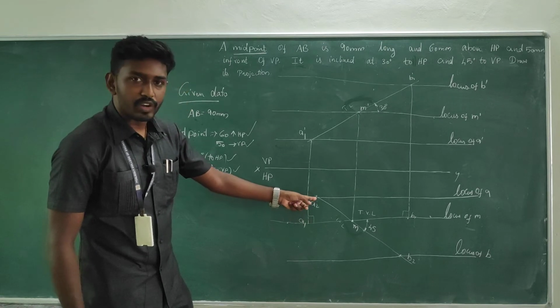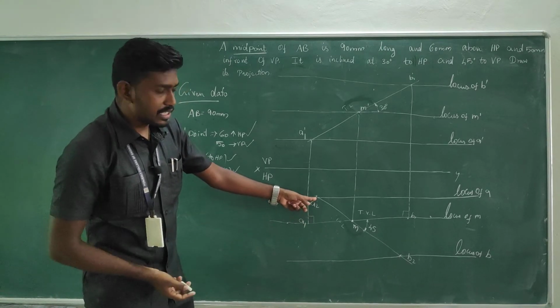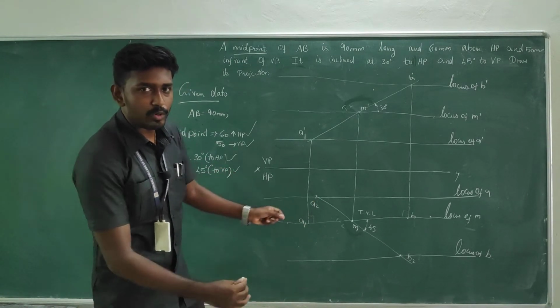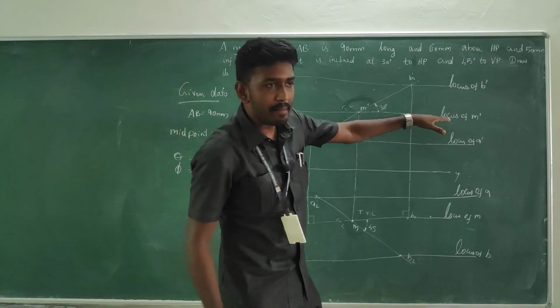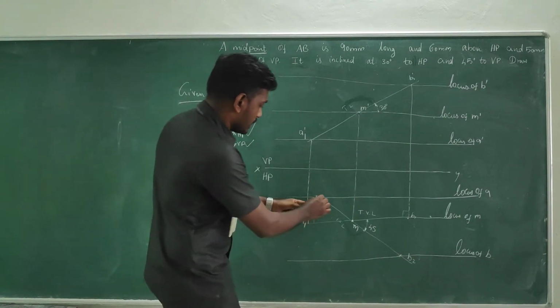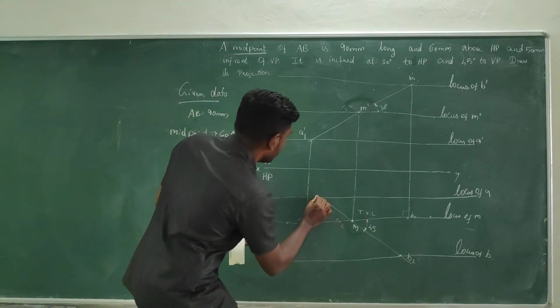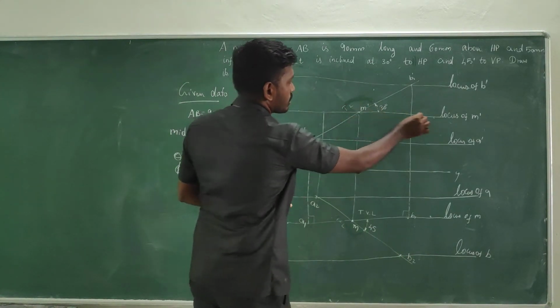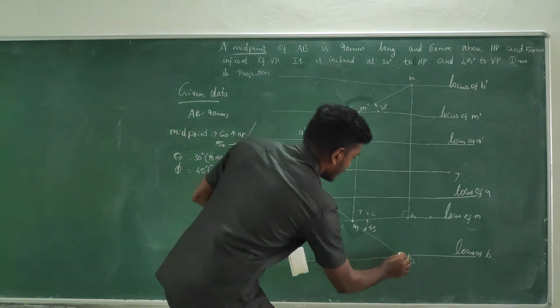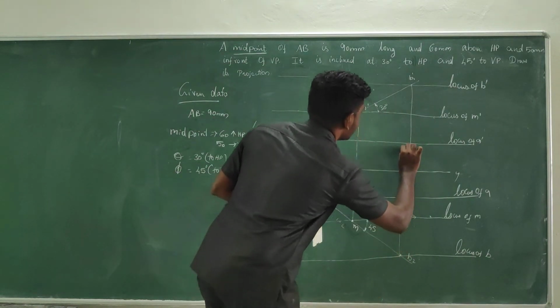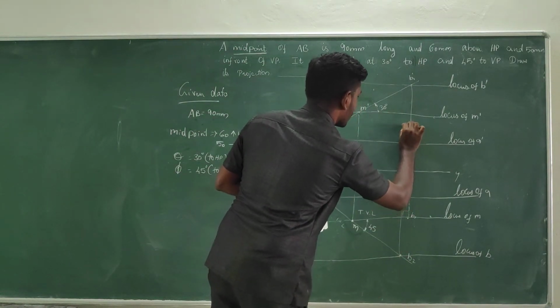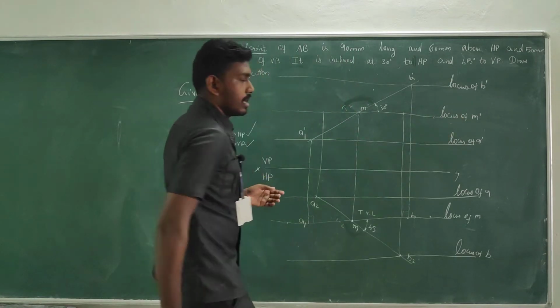And the same from the true inclination in the top view, take the projector to the M dash. This is one end A2, this is the other end B2, right? From A2, take the projector to the locus of M dash. In the same manner from B2, take the projector to the locus of M1 dash.